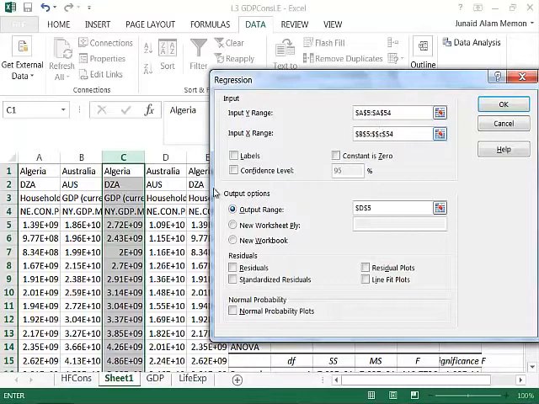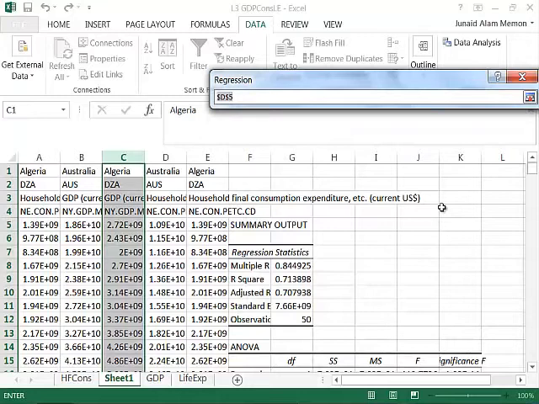So I've made the regressors B5 to C54, which is the next two columns. What that means is that I've got Algerian consumption on both Australian and Algerian GDP. So I'm going to put this in L5.